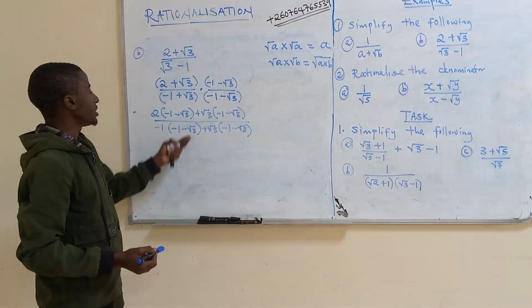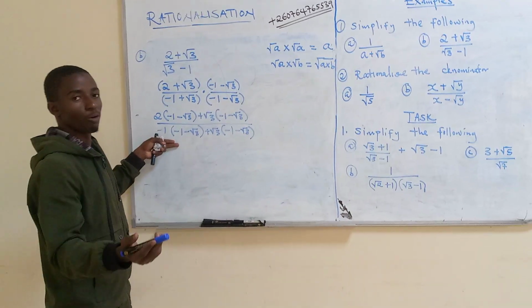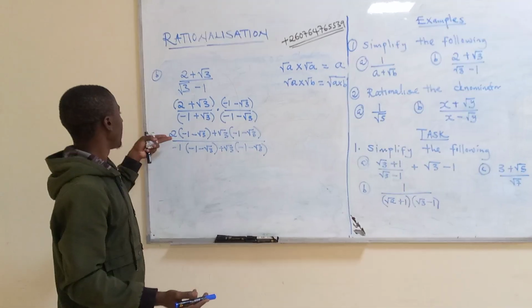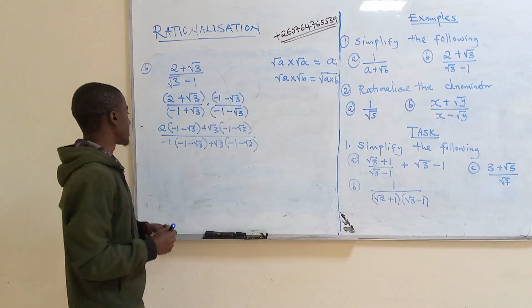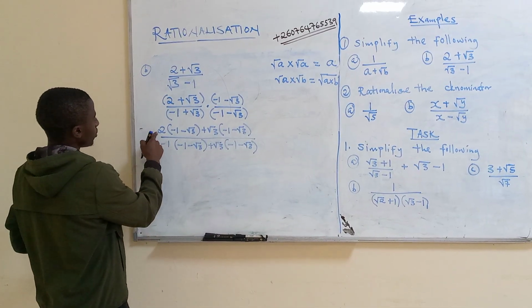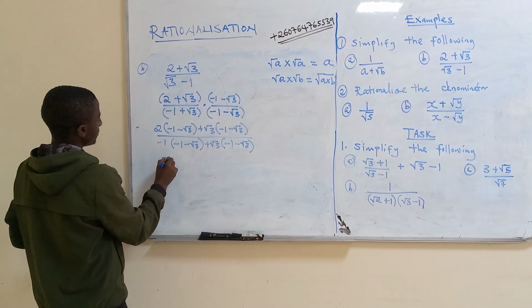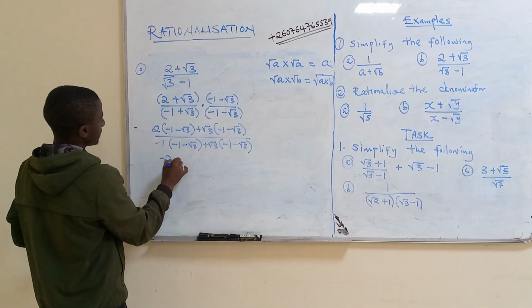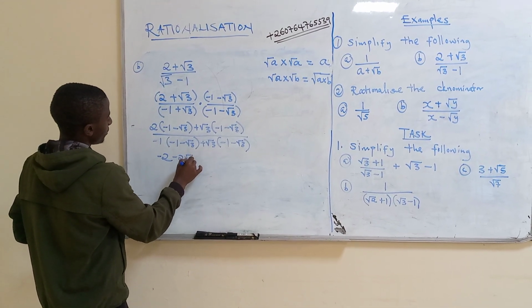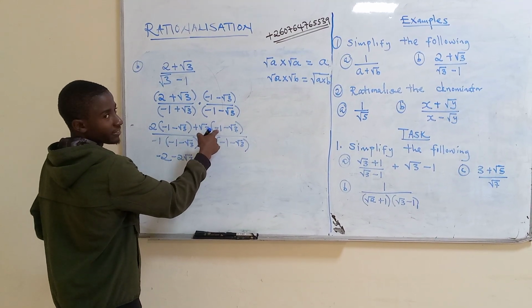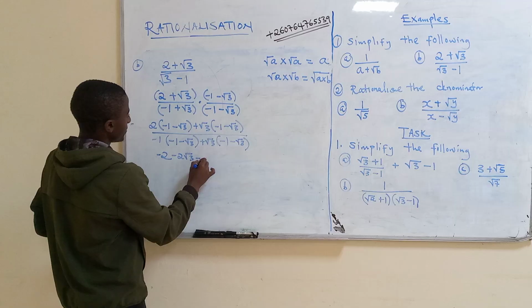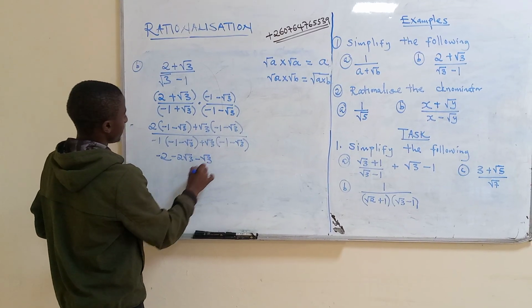Now, when you reach at this stage, it's just the matter of multiplying each variable into what is inside the brackets. So that is 2 times that's negative 2. That's times that's negative 2 square root of 3. That's times that, so positive times negative, that is negative square root of 3.